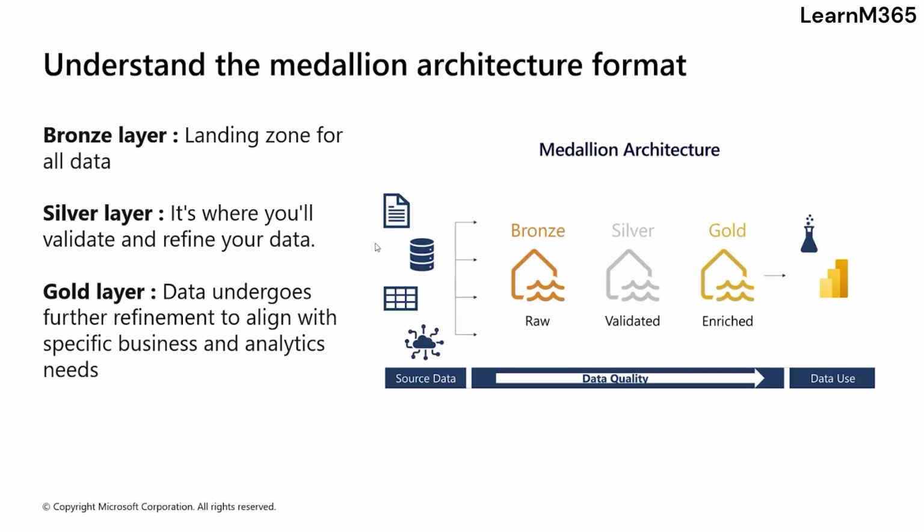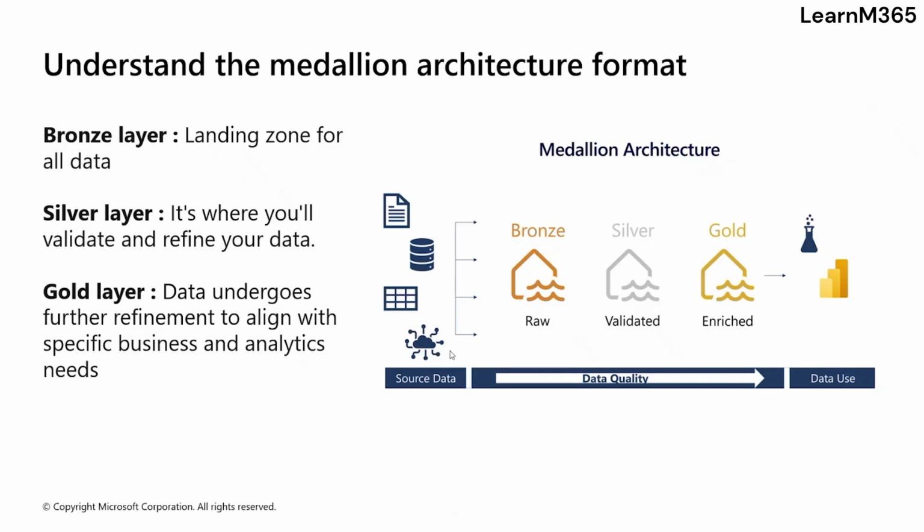The bronze, which is for raw data, then silver, which is for validated data, and then the gold layer, which is for enriched data. So each representing higher data quality levels.